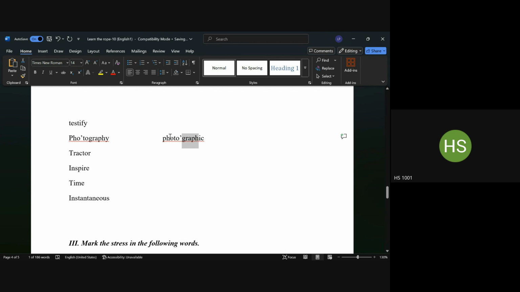So then is the ter stressed here? No, ma'am, because it's not in the stressed category. Okay. Then comes tractor. Tractor is a little, it is a cluster. This kind of word is debatable.